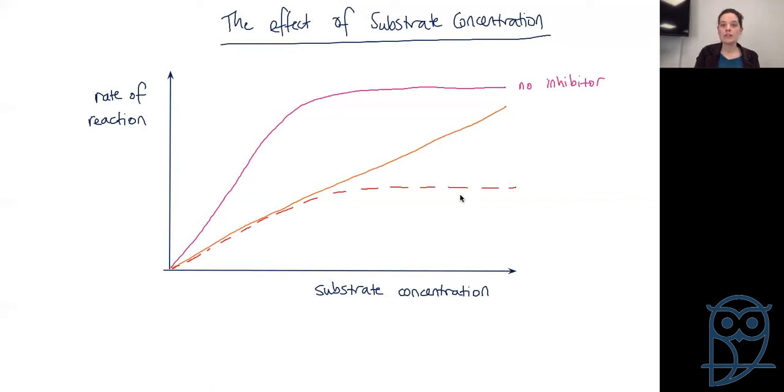The difference is that one of these we have competition and the other one we don't. When substrate concentration is really high, then we're getting a higher rate of reaction. This must be a competitive inhibitor. Because effectively, at these very high substrate concentrations, it is outcompeted.